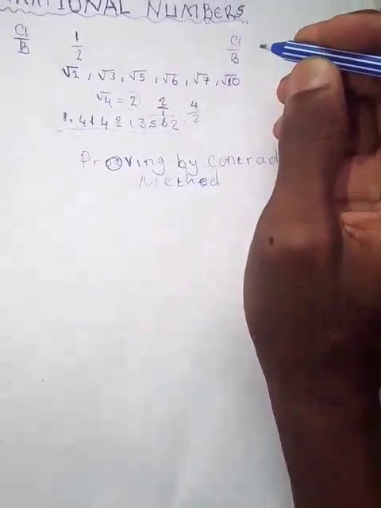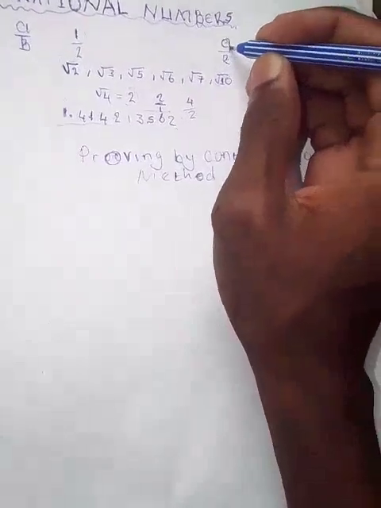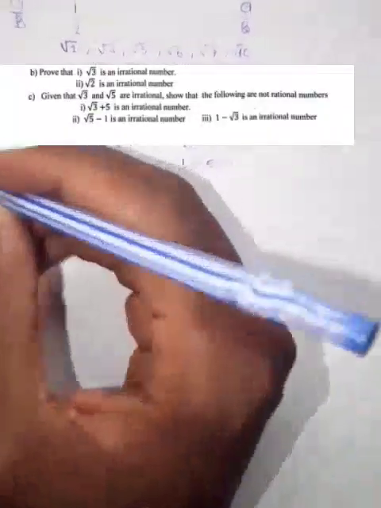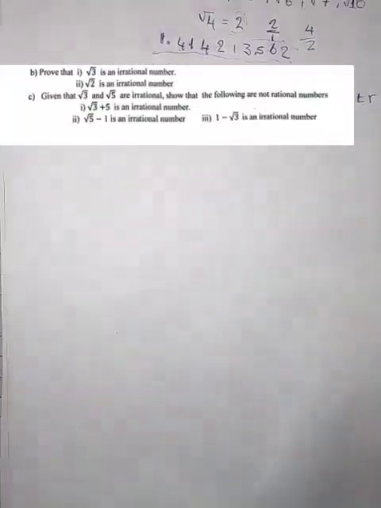Don't worry, let me dive into the questions. We solve some questions from the tutorial sheet. So now let us solve some of the questions. Let's go with question 13 from the tutorial sheet.